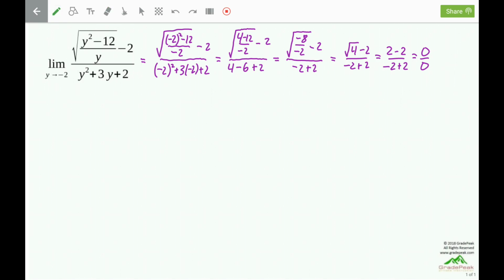Since we have a root combination, a root involving the variable y in some way, added or subtracted together with at least one other term in the numerator, we can try the root conjugate method. So I'm going to rewrite the limit exactly as we see it so that we can multiply it by the root conjugate.